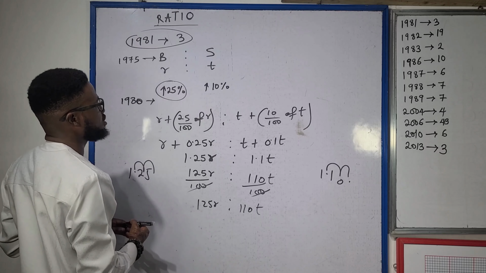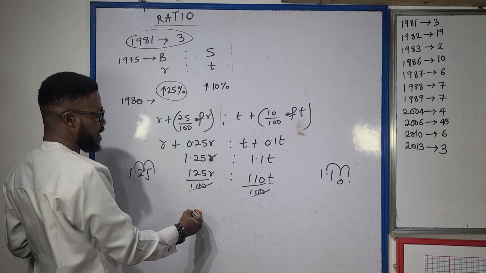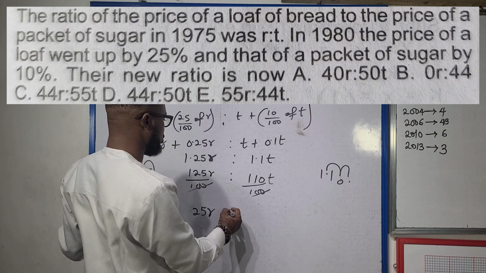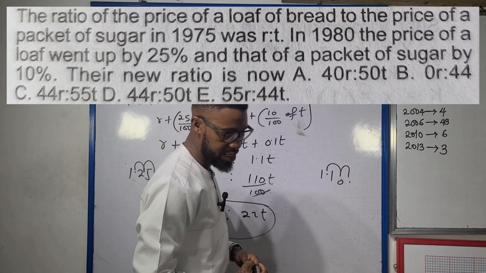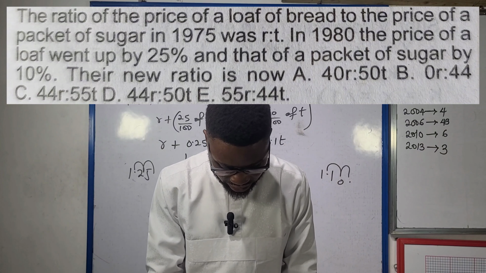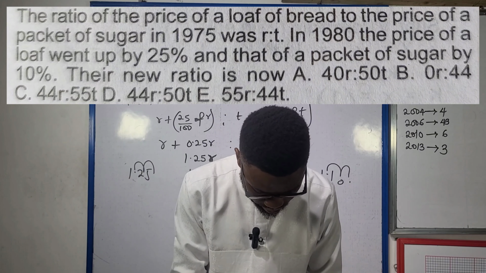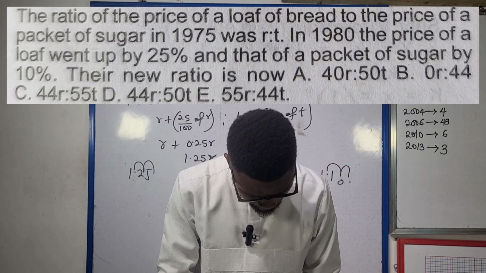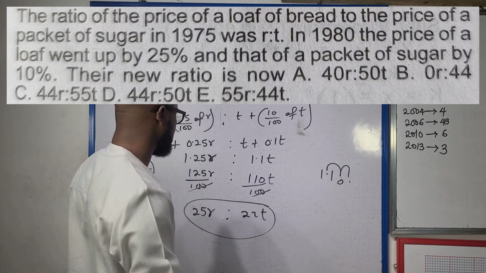But it is mathematics, we must always reduce to the lowest term. 5 into 125 R will give us 25 R. 5 into 110 T is going to give us 22 T, and that is the answer. If we check the options, you'd see 25 to 22 T is not in the options.